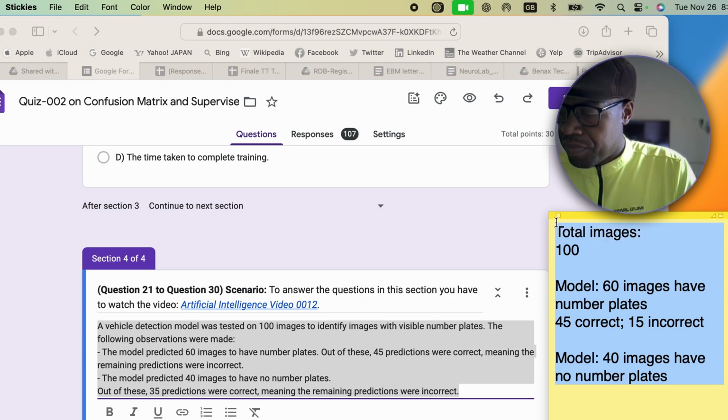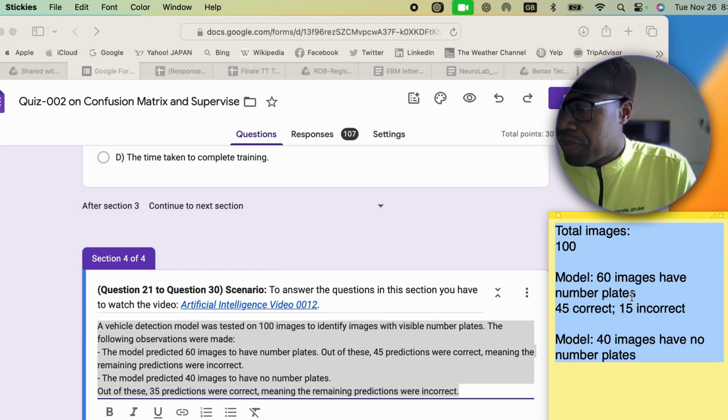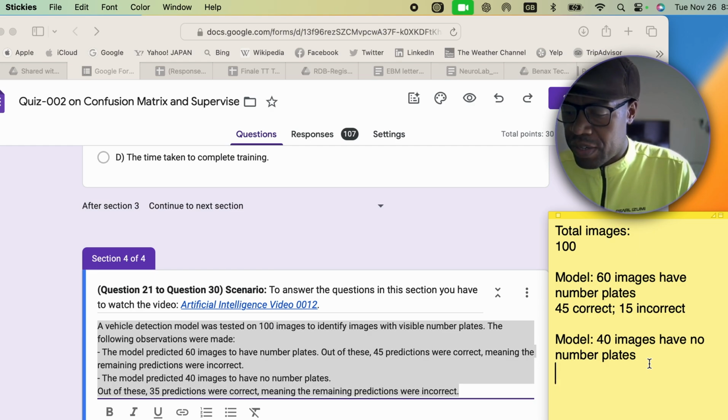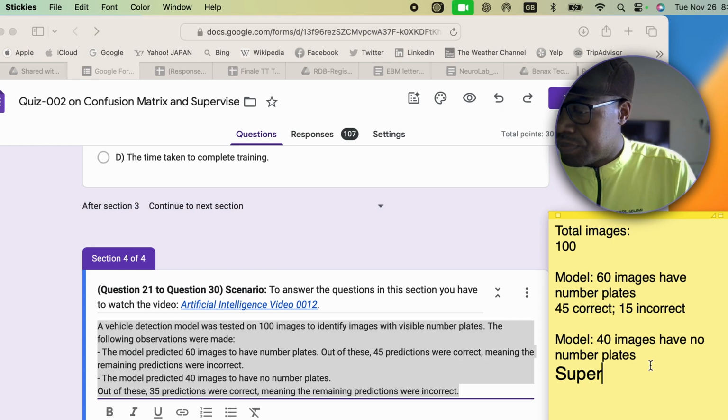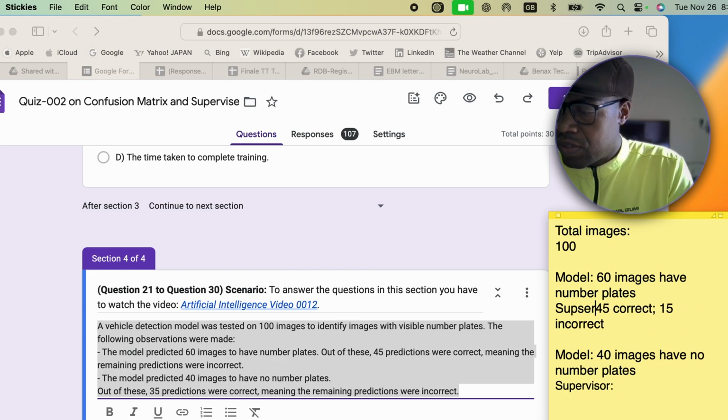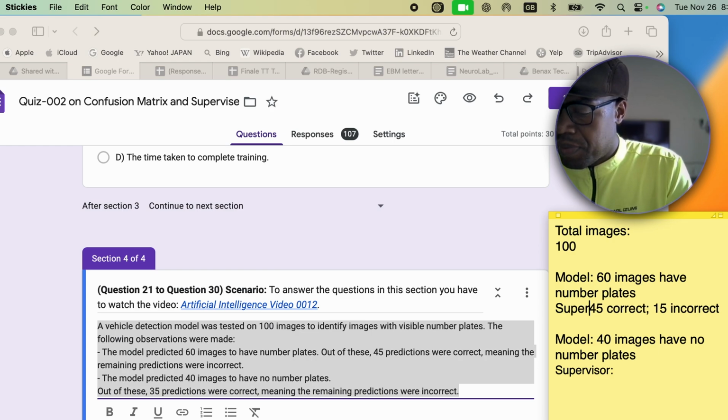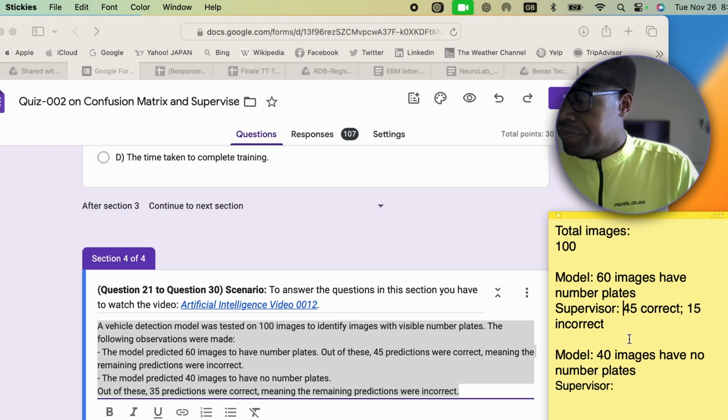Then again, according to the supervisor, 35 of these predictions were correct.